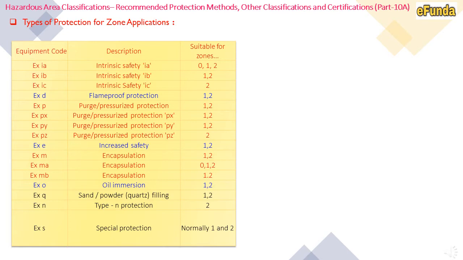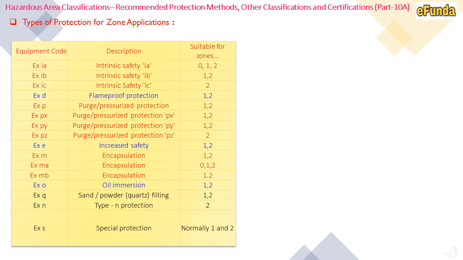EXD is flame protection, applicable for zone 1 and zone 2. EXP, that is purge pressurized protection, is applicable for zone 1 and zone 2. EXPX, that is purge protection PX, zone 1 and zone 2. PY is zone 1, zone 2. PZ is for only zone 2.